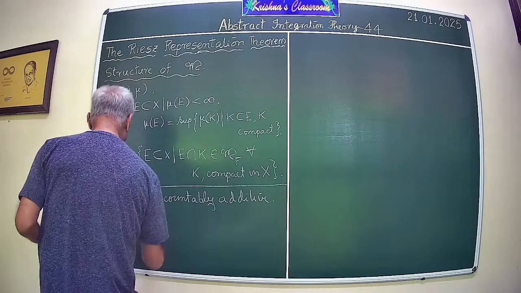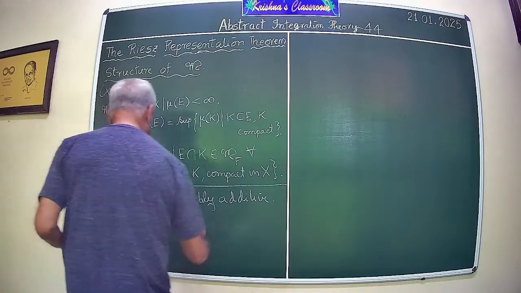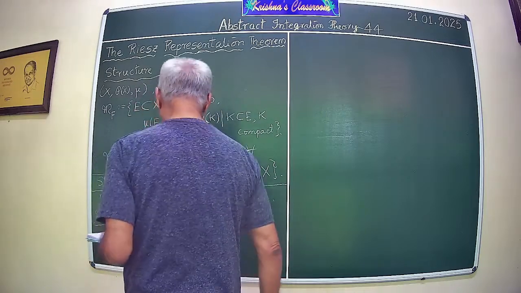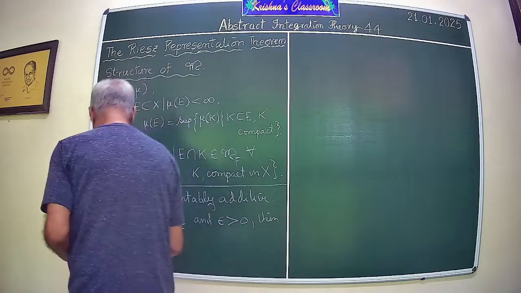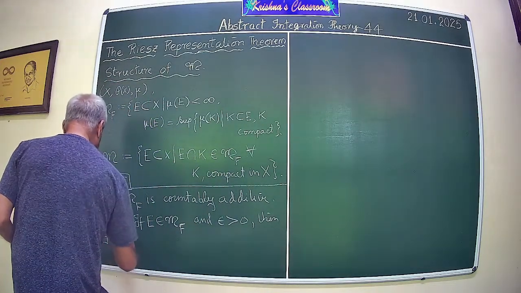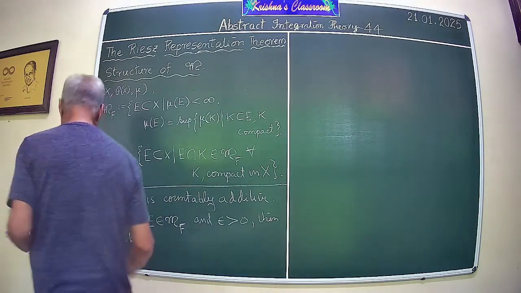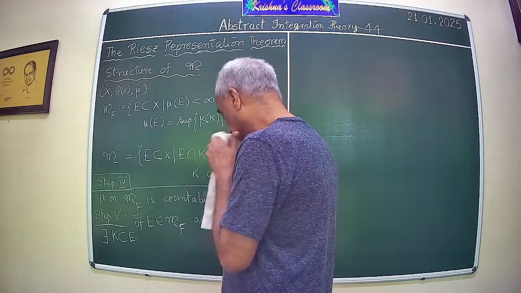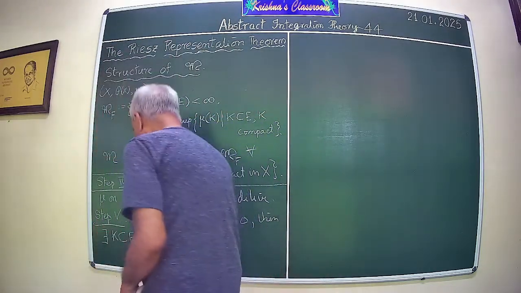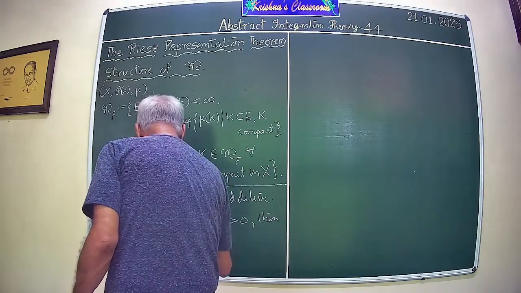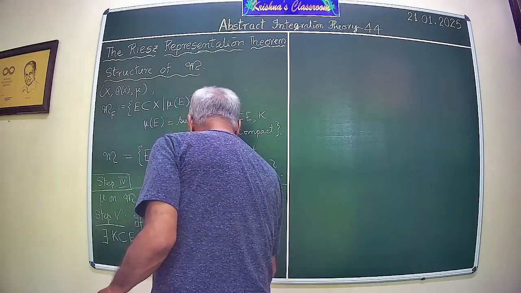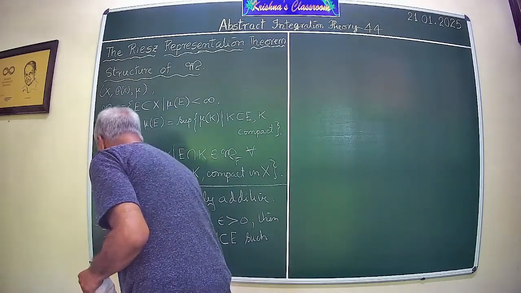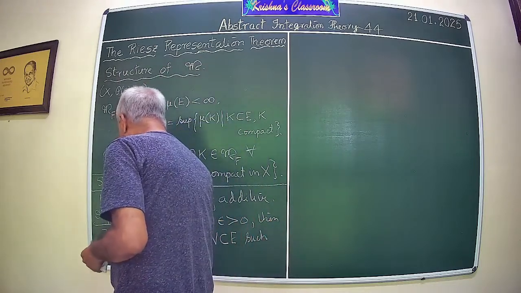if E belongs to MF and epsilon is any given positive number, then there exists a compact set K contained in E and an open set V containing E such that mu of V minus K is less than epsilon.